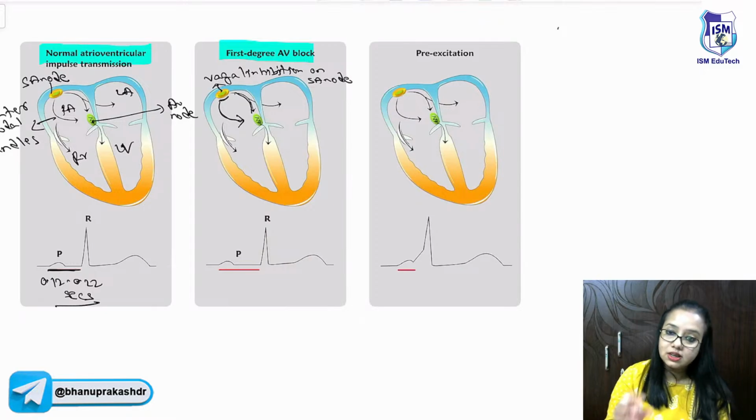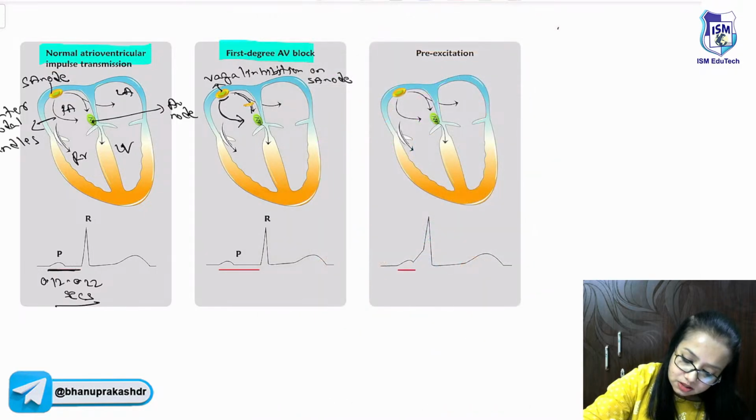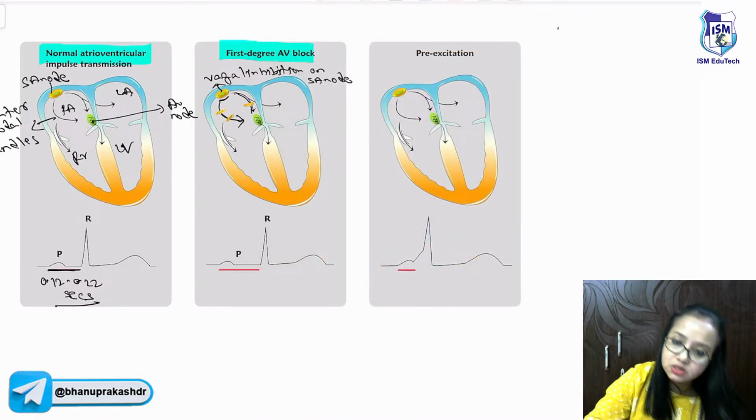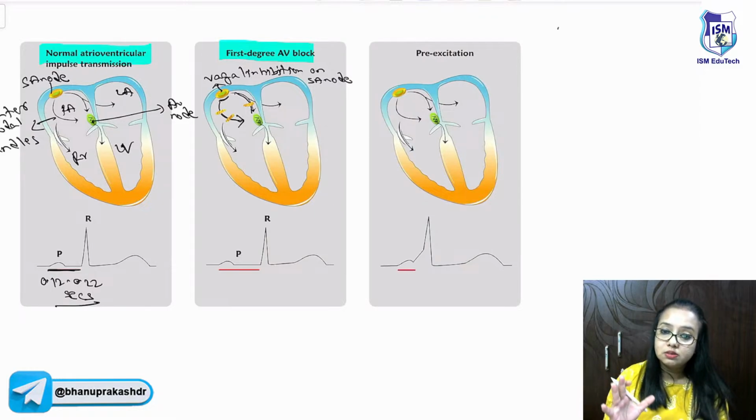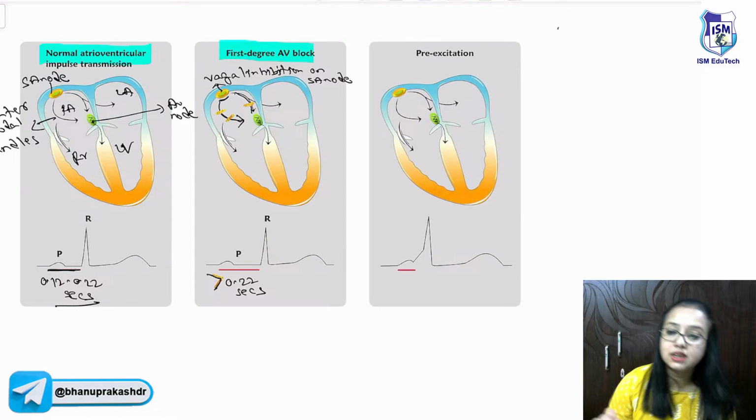Then also the impulse to come from the SA node to the AV node will take a very long time, or there can be some blocks on the pathway. Maybe there are some blocks in the pathway of transmission. All this can lead to a longer time for the impulse to travel from the SA node to the AV node. In this condition, what happens? The PR interval becomes more than 0.22 seconds.